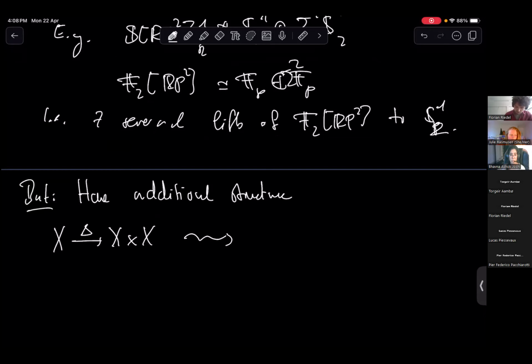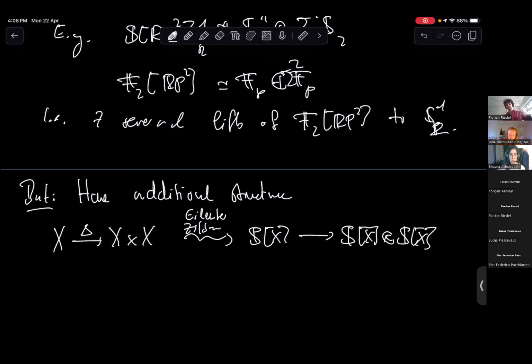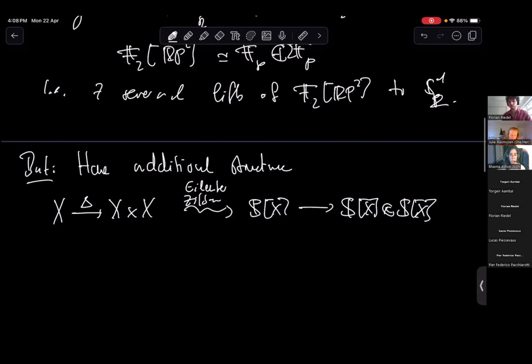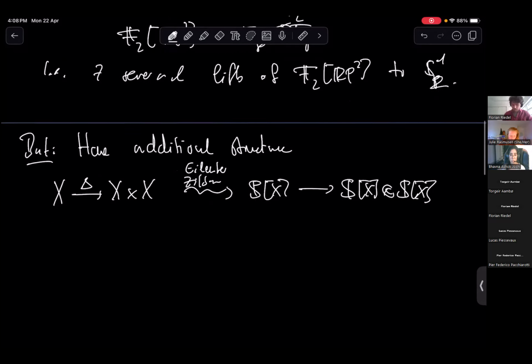By Eilenberg-Zilber, this induces a map from sphere adjoint X to sphere adjoint X tensor sphere adjoint X. This is the statement that the chains of a product of spaces are the tensor product of the chains, and this is true over any base and in any generality. If you don't take homotopy groups, this is just true. And so we have a co-multiplication on the homology, and even more.